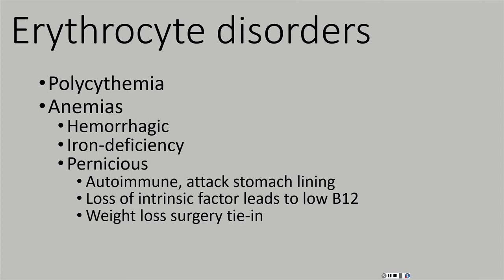Now, your stomach lining makes something called intrinsic factor, and intrinsic factor is needed to absorb vitamin B12 and folic acid. Intrinsic factor is made by your stomach lining, and it's needed to absorb B12. Now, B12 is needed to adequately make red blood cells.